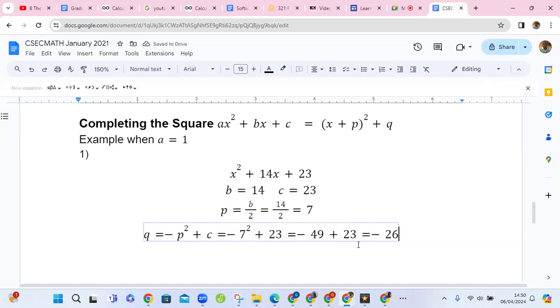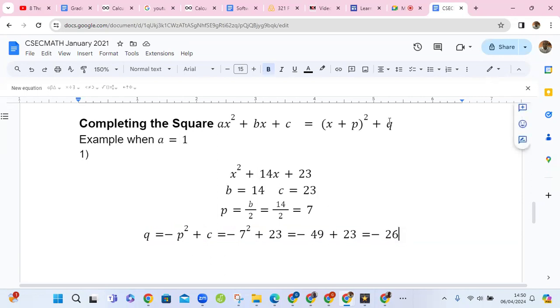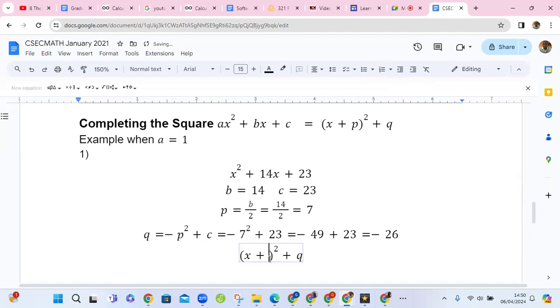And then we can complete our final answer, write it in that form. We must have a bracket and the square outside of the bracket. So in this example, we've got x plus 7 all squared subtract 26.